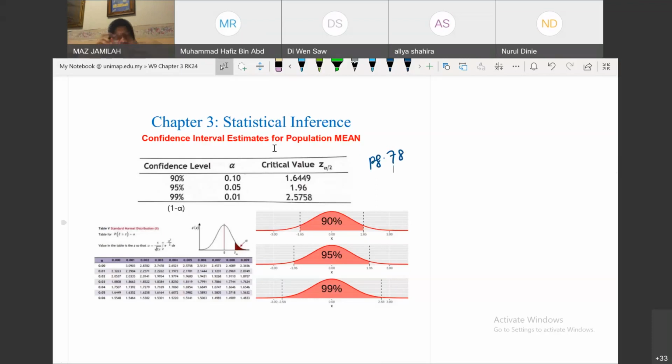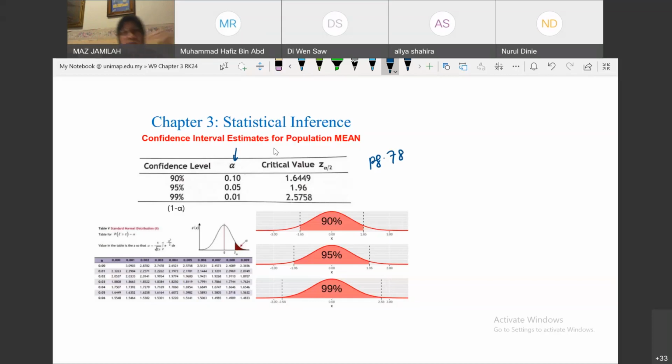When we talk about the confidence level, it has to do with your probability value. Remember last time, alpha is the probability value that remains in the tail of your normal distribution. We use the same understanding of alpha in this interval estimate.